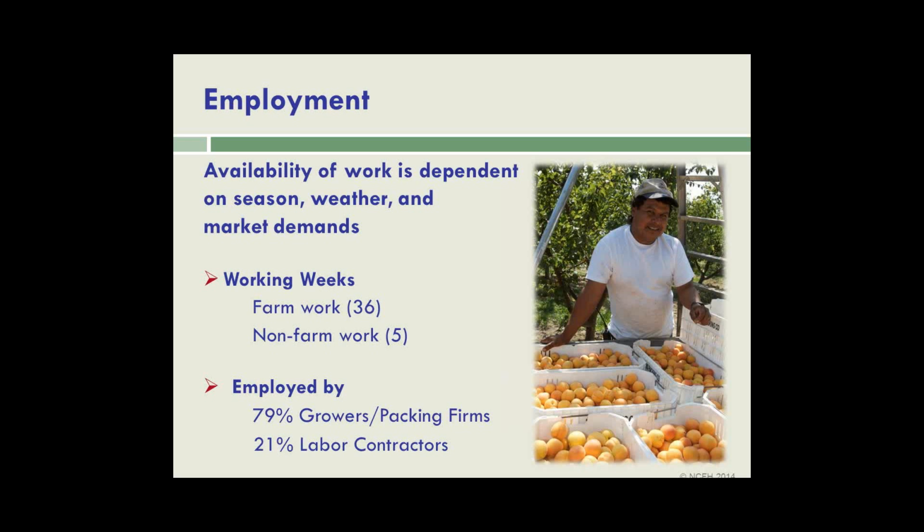On average, farm workers work 34 and a half weeks of the year in agriculture and 5 weeks doing non-farm work. They are typically employed by the growers or packing firms directly, with a small percentage employed by labor contractors. Pay and benefits vary widely across the country.